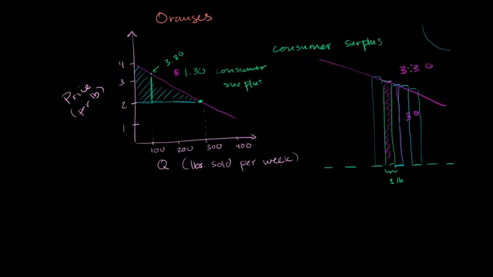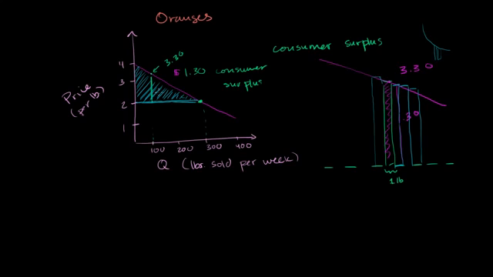You'd want thinner and thinner rectangles so you could get better and better approximations for the consumer surplus. But needless to say, especially if you get unbelievably thin rectangles and an unbelievably high number of them, you're really just estimating the area under the demand curve and above the price equals $2.